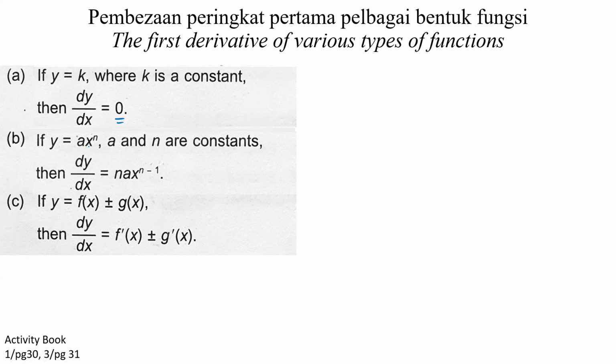When you have y equals to ax to the power of n, as I said, bring down the n to the front to multiply. Copy everything. After you bring down, you copy exactly ax to the power n. Now you minus 1. So the first step, you multiply the whole term with the power.